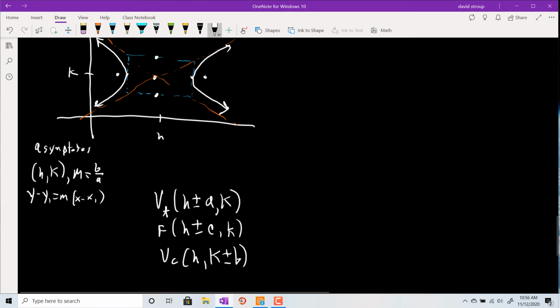And let me just kill both birds with one stone by putting plus or minus b over a. That way, if you're going down, it's minus b over a. If you're doing the up asymptote, it's plus b over a. Okay, so you're going to end up with y minus k equals plus or minus b all over a times x minus h. And then your formula will be y equals plus or minus b over a times x minus h plus k. All right.